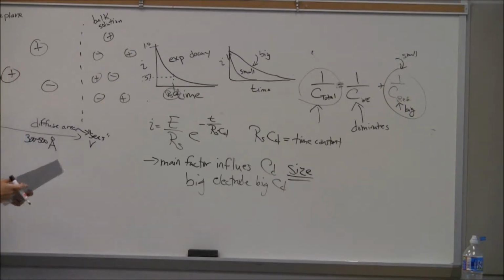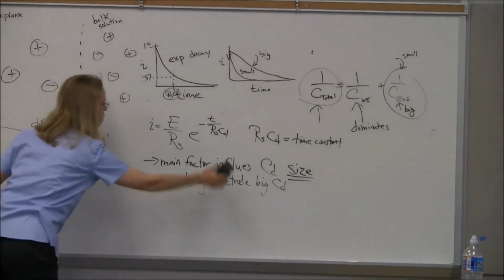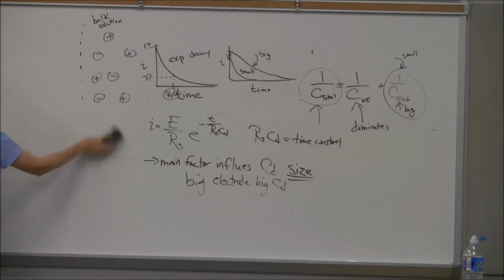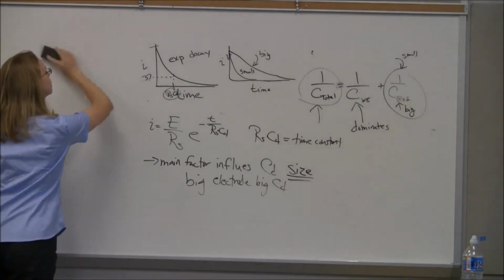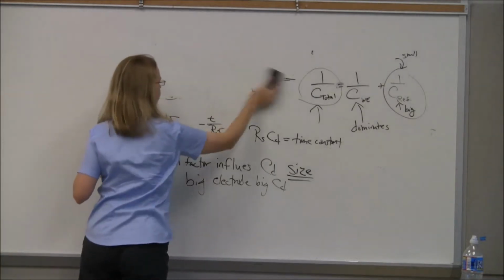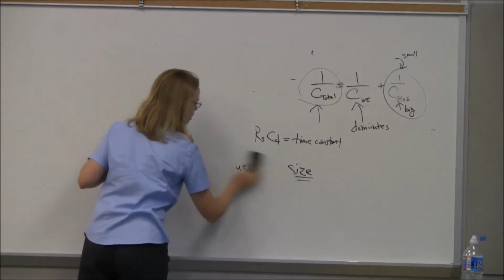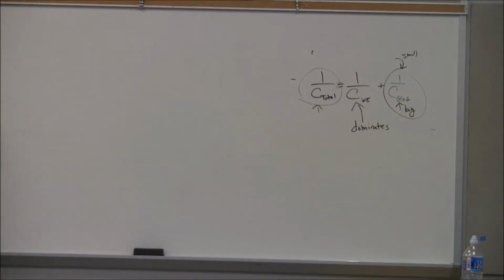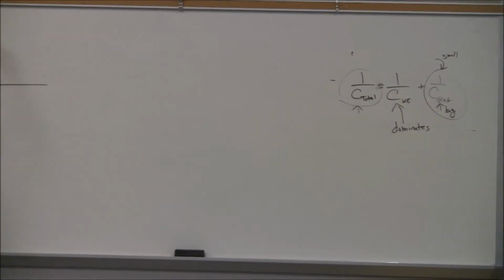Okay, so let's talk for a minute about what double layer capacitance means for cyclic voltammetry. We're just going to do a voltage. All right, so let's say this is our applied voltage.